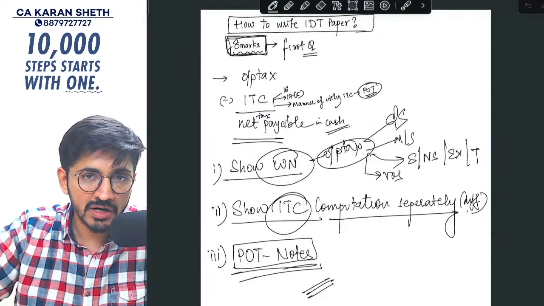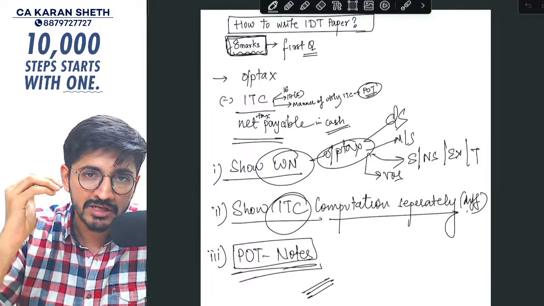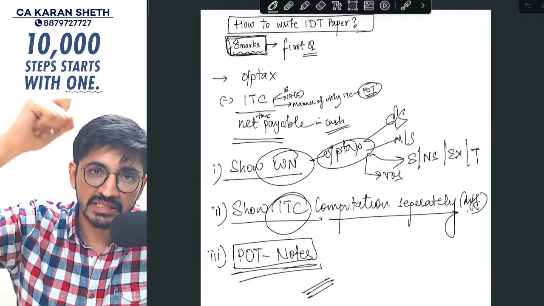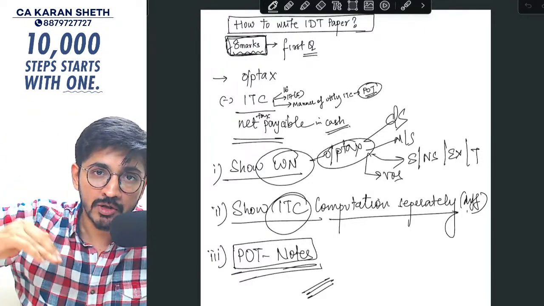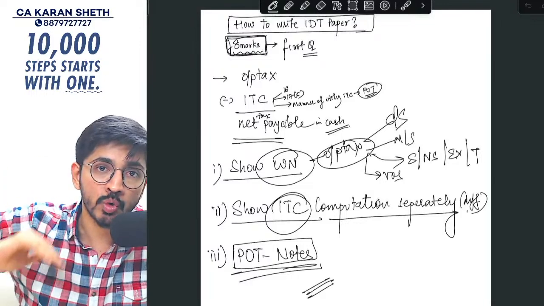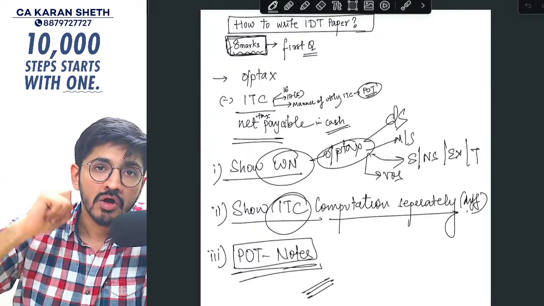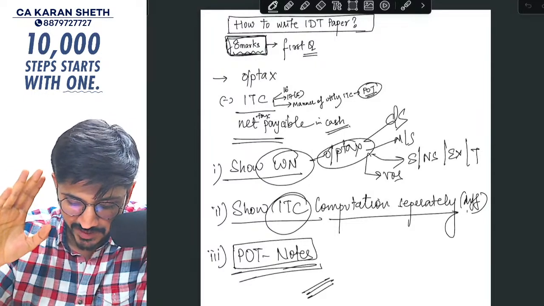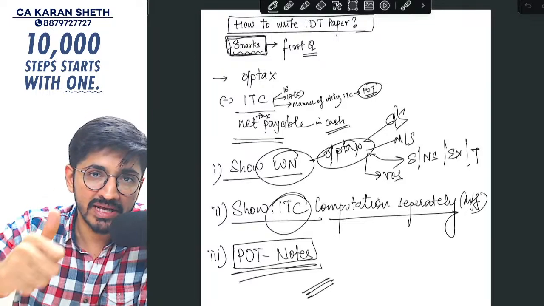Output tax gets resolved, then focus on ITC वाला part, right? And as soon as you realize okay, this is taxable, this is exempt, this value needs to be multiplied by this rate, make sure that you start writing that in your working notes. Is that very clear, my dear friends? Yes. Okay, so this has to be very clear at your end.